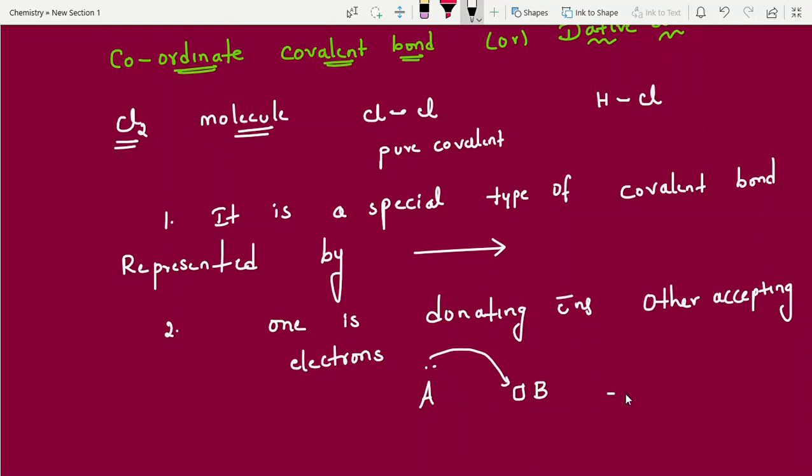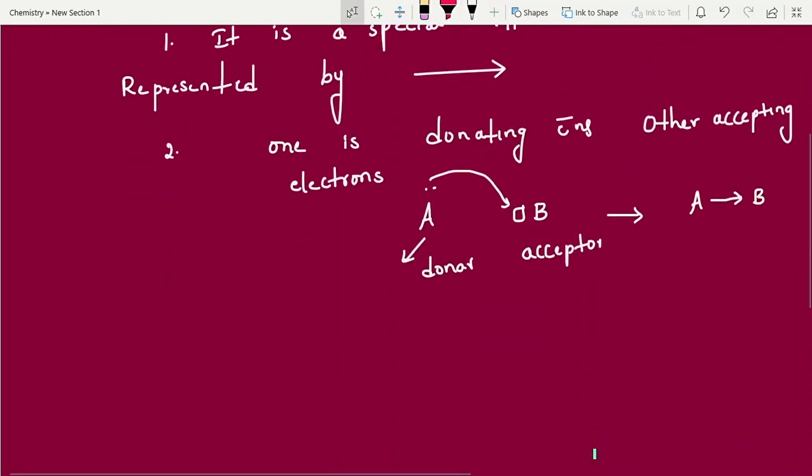So A donates electrons, and in such a way a bond develops between these two. We represent this with an arrow. The one donating electrons we call the donor, and the one accepting electrons we call the acceptor. In coordination chemistry, we represent this in one more way: all donors we call ligands.